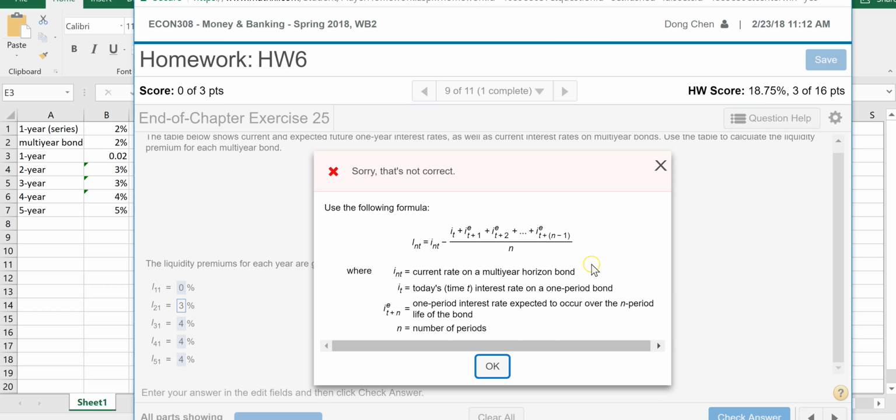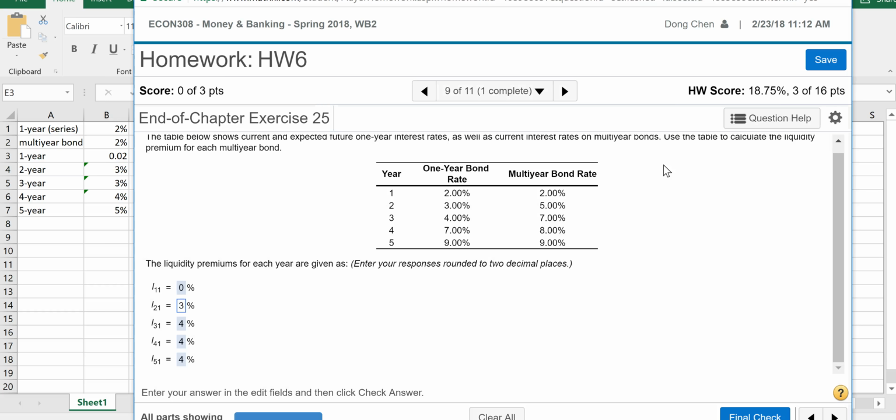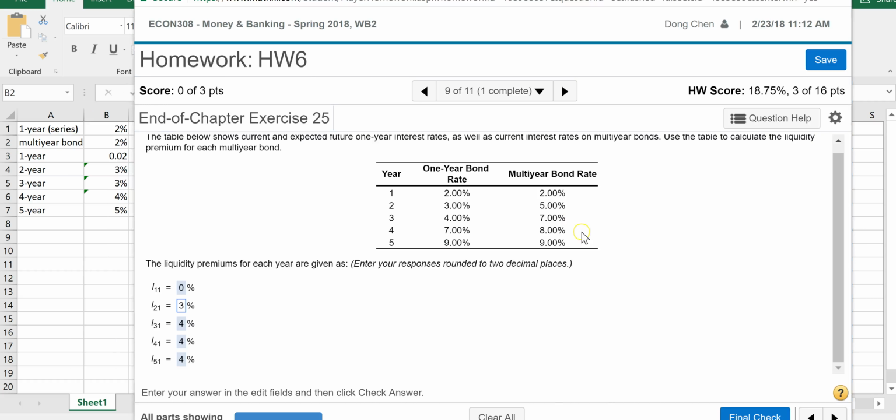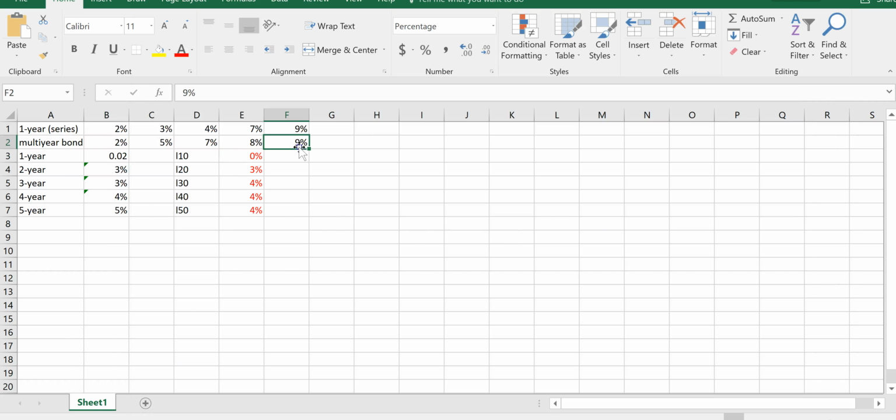Oh gosh, did I miss some information here? 3%, 5%, 7%, 8%, 9%. First 5 years, this is 0%. This is the average of B1, C1, 2-year, and oh, this one is wrong.